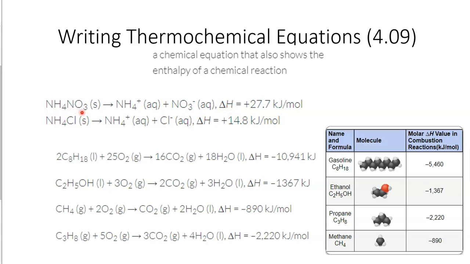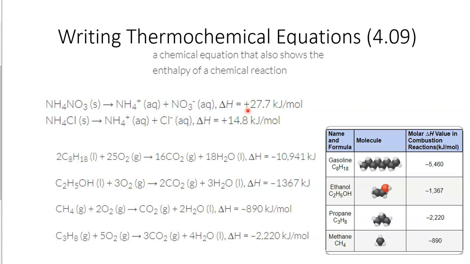So this is ammonium nitrate, and you can see here it's solid ammonium nitrate. It decomposes to form ammonium and nitrate ions, and in the process, it takes in 27.7 kilojoules per mole of enthalpy, or heat energy. That means it's an endothermic reaction.